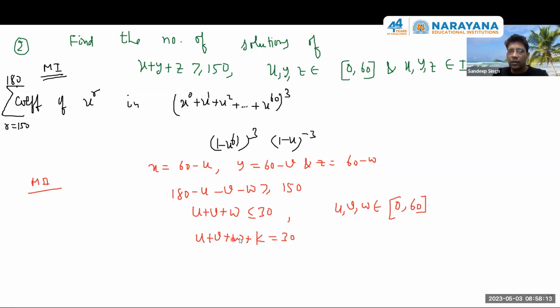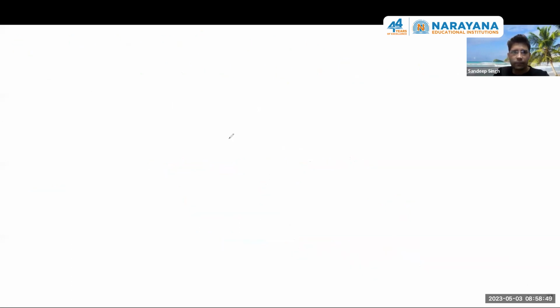When k is 0, this is 30. When k is 1, this is 29, and so on. So the number of integral solutions, you must be aware, is n plus r minus 1 C r minus 1. So you must have understood this. Is it all right for all of you? Yes. So shall we proceed to the next one? Number of integral solutions are 33 C 3.